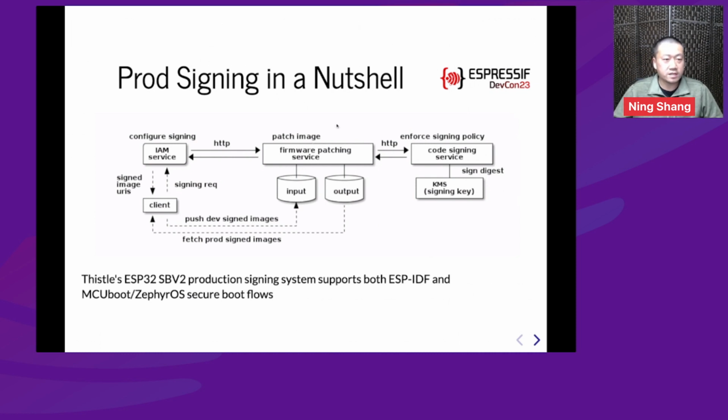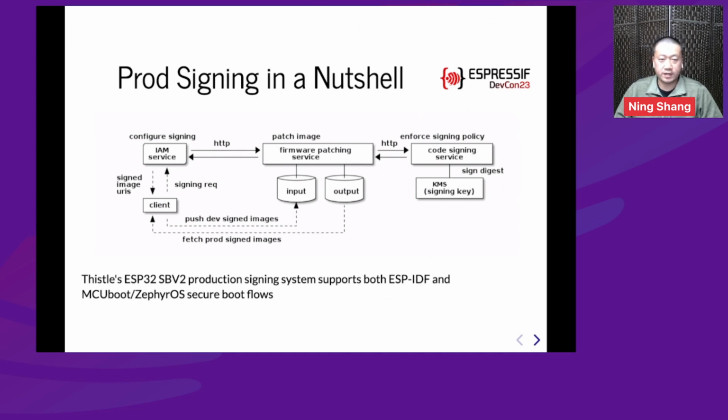The firmware patching service deals with parsing and patching firmware images. It has no access to cryptography related operations. For cryptography related operations, we have a code signing service, which will use a KMS.